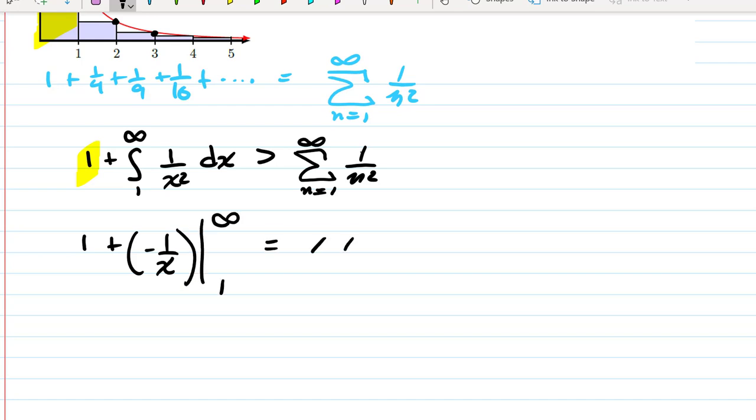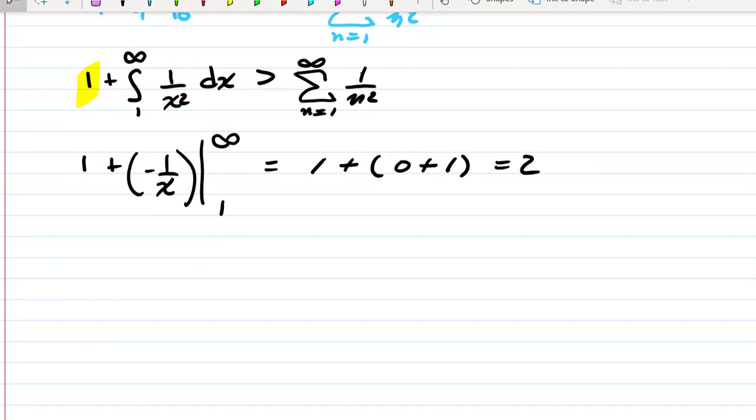So that's 1 plus, at infinity, negative 1 divided by infinity is 0, minus minus makes it plus. We plug in a 1, we get 2. So then, putting this together with this, we have the sum as n goes from 1 to infinity of 1 over n squared is less than 2.